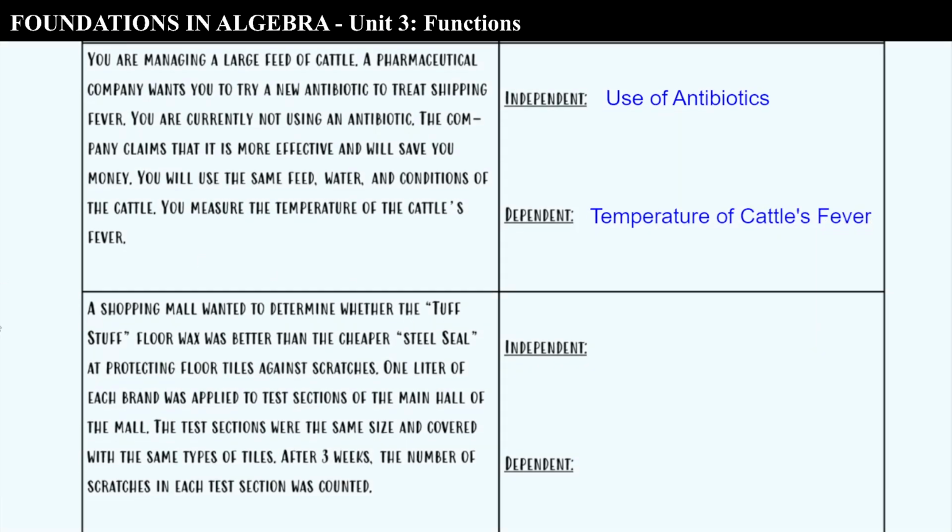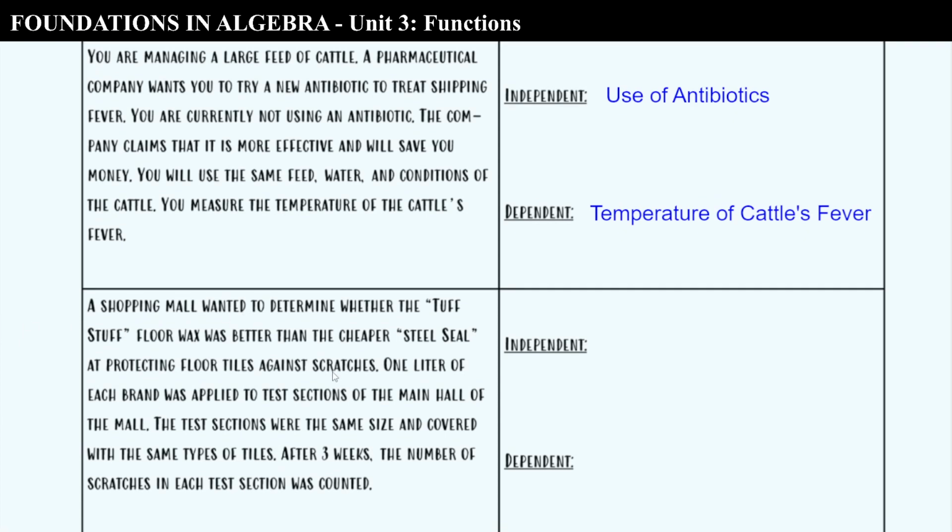And then finally, for this last one, a shopping mall wanted to determine whether the Tough Stuff floor wax was better than the cheaper Steel Still at protecting floor tiles against scratches. 1 liter of each brand was applied to test sections of the main hall of the mall. The test sections were the same size and covered with the same types of tiles. After 3 weeks, the number of scratches in each test was counted.